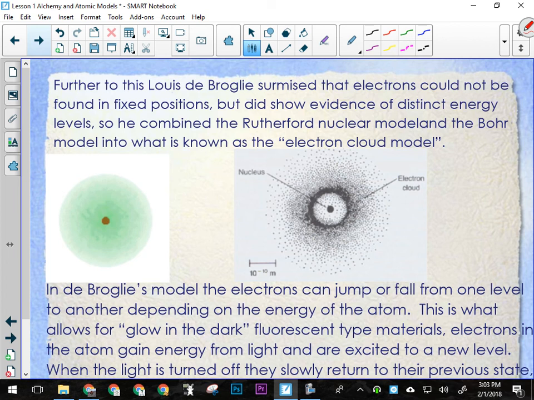Okay? Now, it is de Broglie who came up with the electron cloud model. He discovered this when he shot light at certain materials and then put them in the dark, and they continued to glow. Okay? If something glows, it's giving off energy.